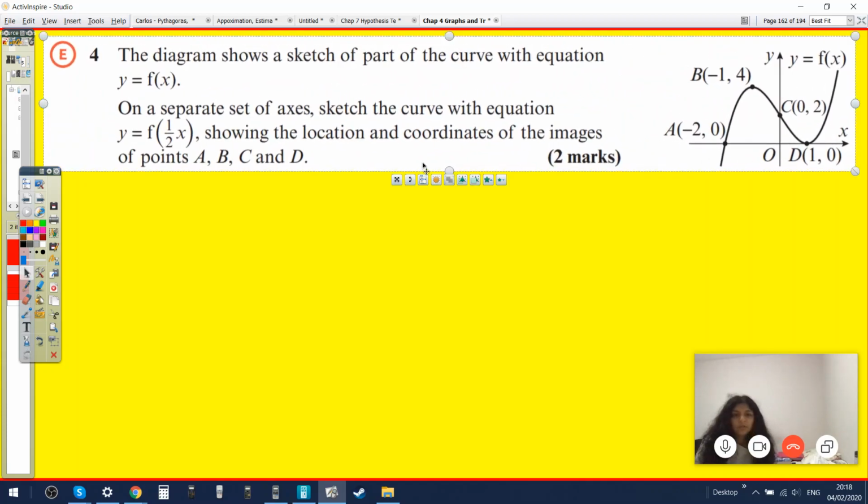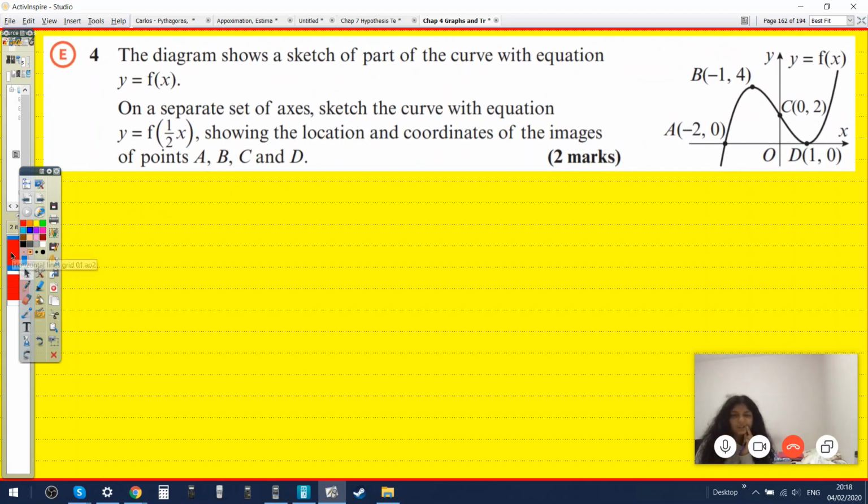What's going to happen to these coordinates? Nope. Sorry, A is minus 4, 0. Yep.